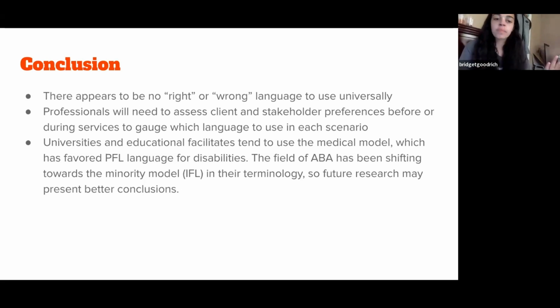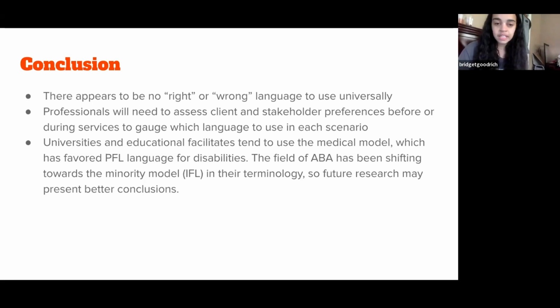So just from my experience and my personal biases, what I've been taught, I will probably be sticking with person first. But of course, if I were to have a client that could verbalize or communicate what they would prefer to be referred to, I would obviously follow their preferences.